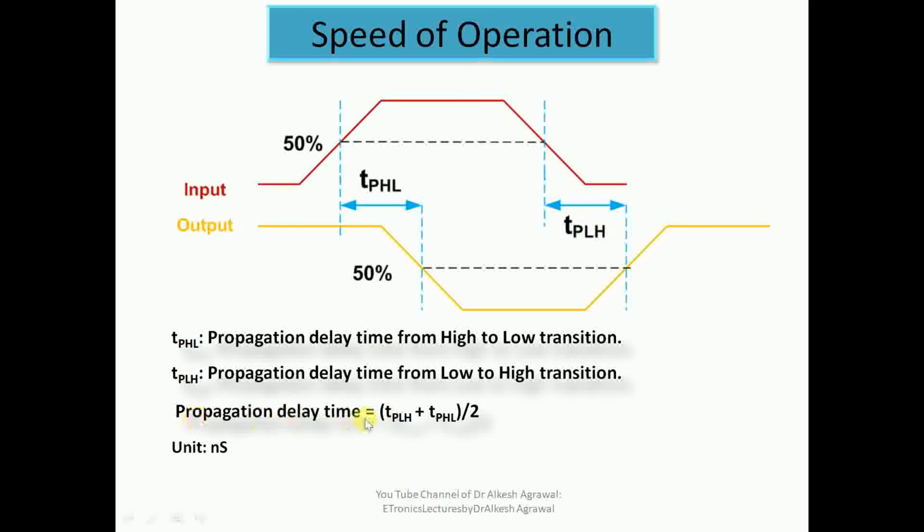And the propagation delay time is the average value of the propagation delay from high to low logic, and the propagation delay from low to high logic. So mainly its unit is nanosecond.